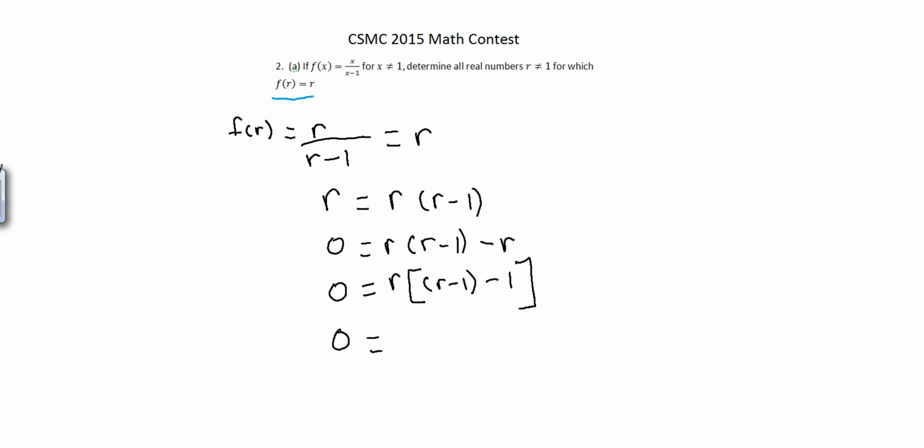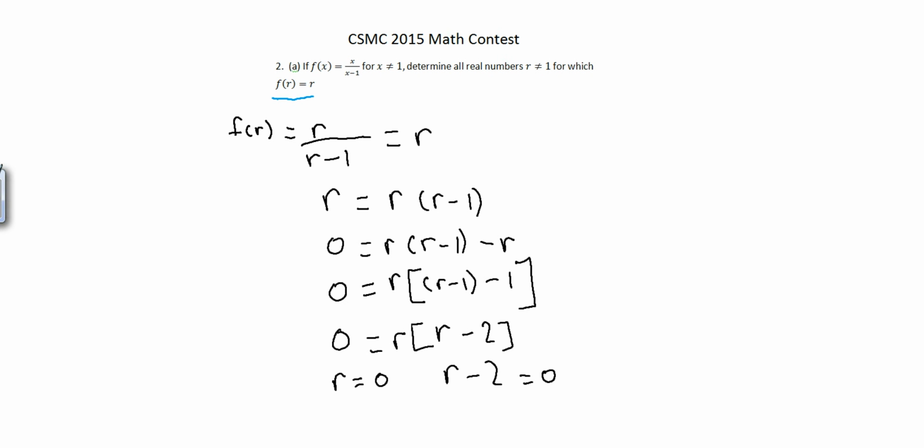And now I just want to expand what's in the brackets. So I get r minus 2. So that means either r equals 0 or r minus 2 equals 0, because one of these needs to equal 0.